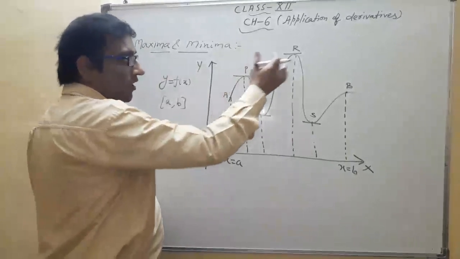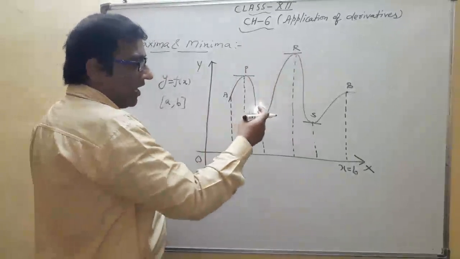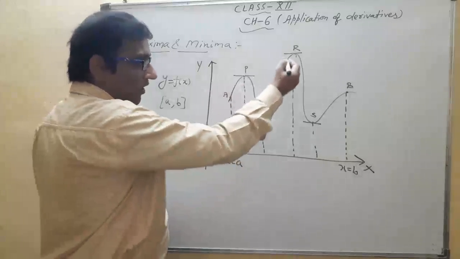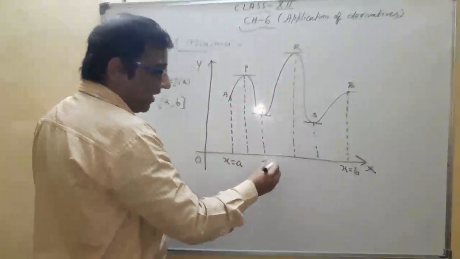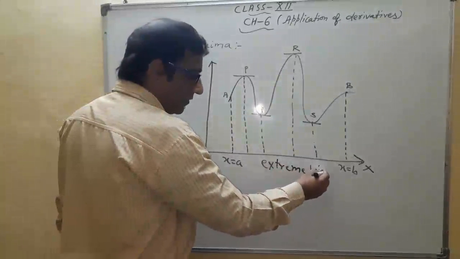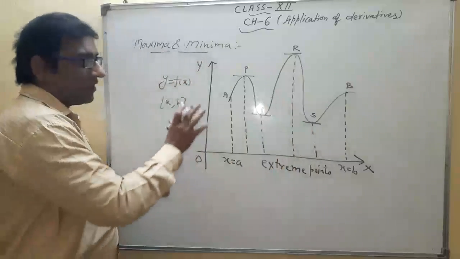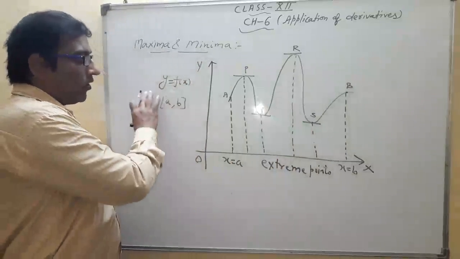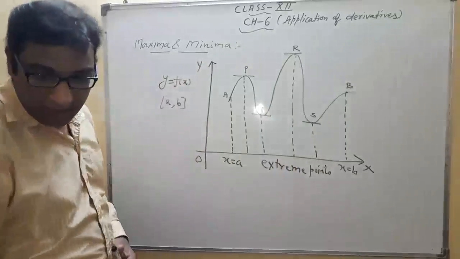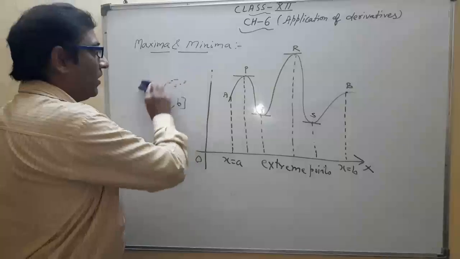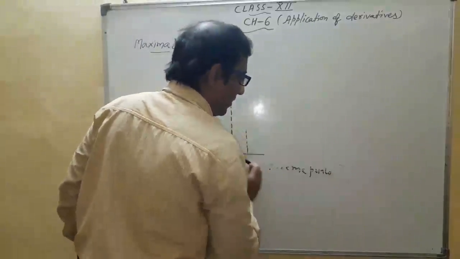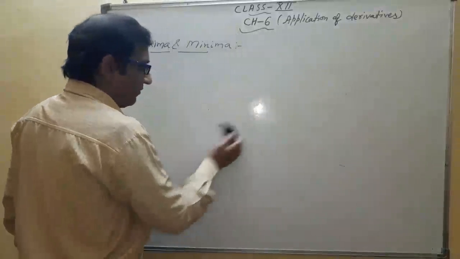So P and R are the maximum points, and Q and S are the minimum points, and these 4 points are also known as extreme points. Right, so this is the concept of maximum and minimum for a function f(x) in the closed interval [a, b]. After this graph, we will continue with some definitions which are also related with maxima and minima.